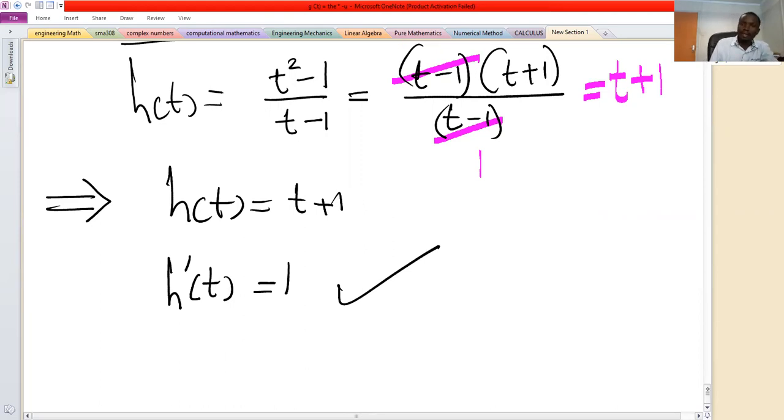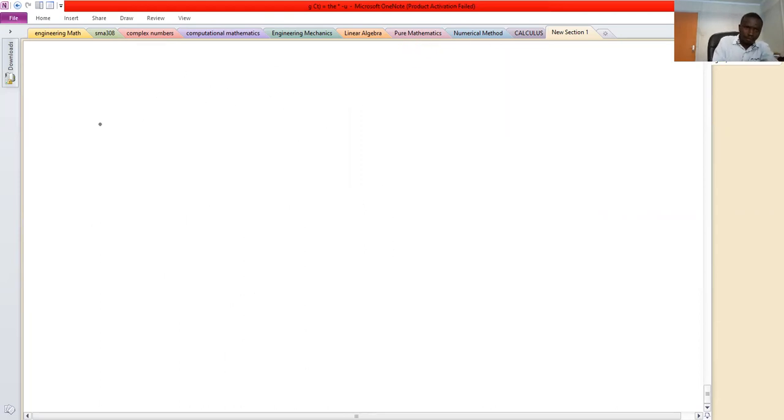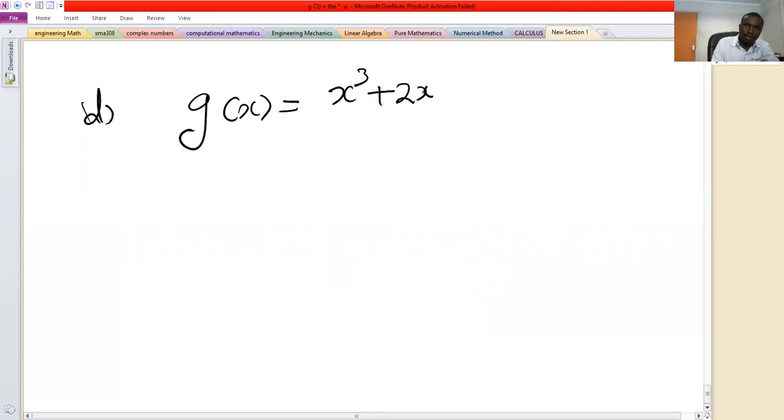And lastly, d, we have g of x given by x to the power 3 plus 2x squared plus 3x minus 1, divided by x.